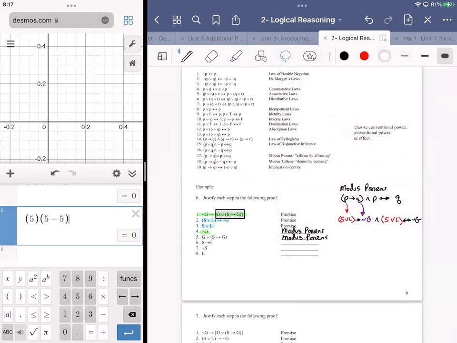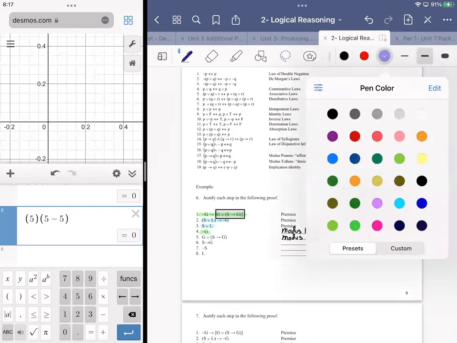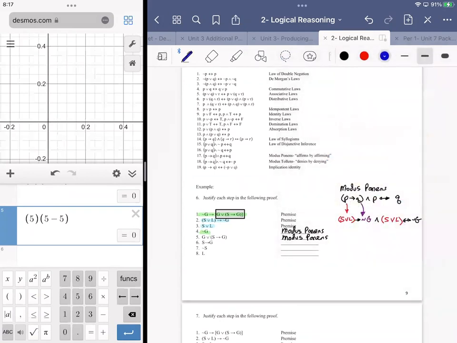Let's get rid of this stuff. All right, so the one that applies here is the law of disjunctive inference. I'll just highlight that. That's number 15.